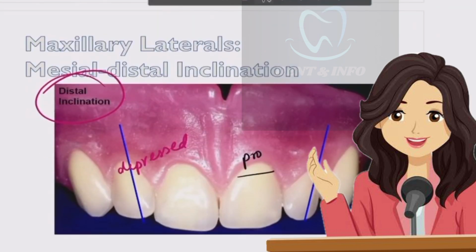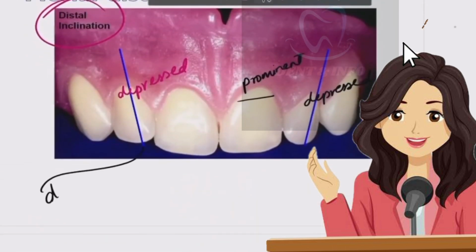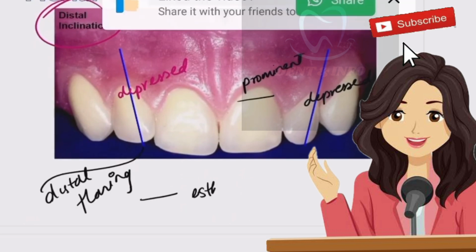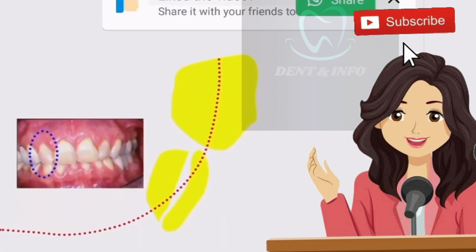This is a prominent neck, but the lateral incisor will have a depressed neck in comparison to the central incisor, and you give a distal angle or a distal flaring to your lateral. This gives an aesthetic, softer appearance in general to your arrangement.